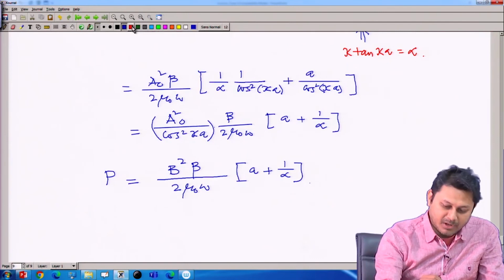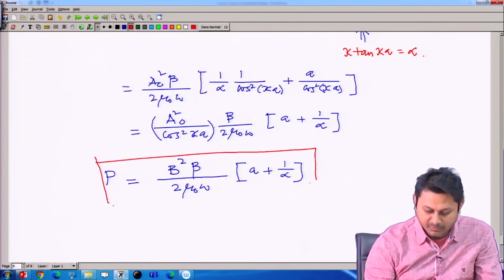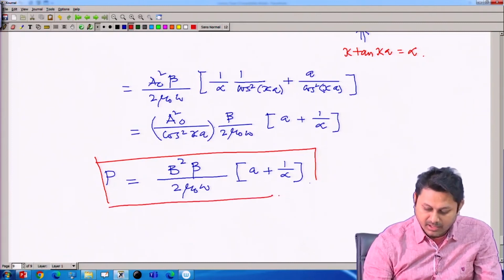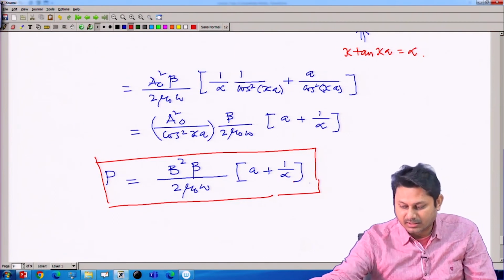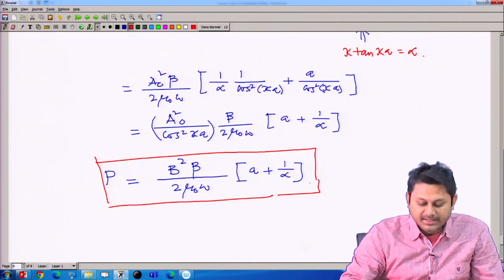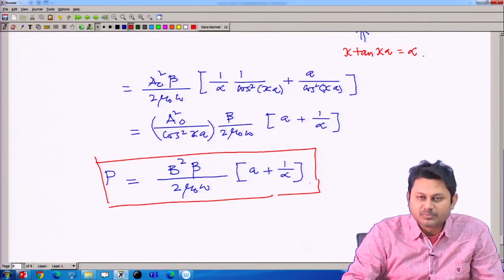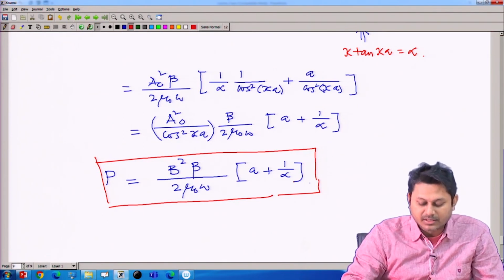So, this is the power associated with a mode when it is propagating inside a medium having a propagation constant beta, and alpha and a are the parameters that one can define for the waveguide, and then you can readily calculate the value of power, and obviously it should be proportional to the peak value of the symmetric fundamental mode, which is B, and it is proportional to B square.